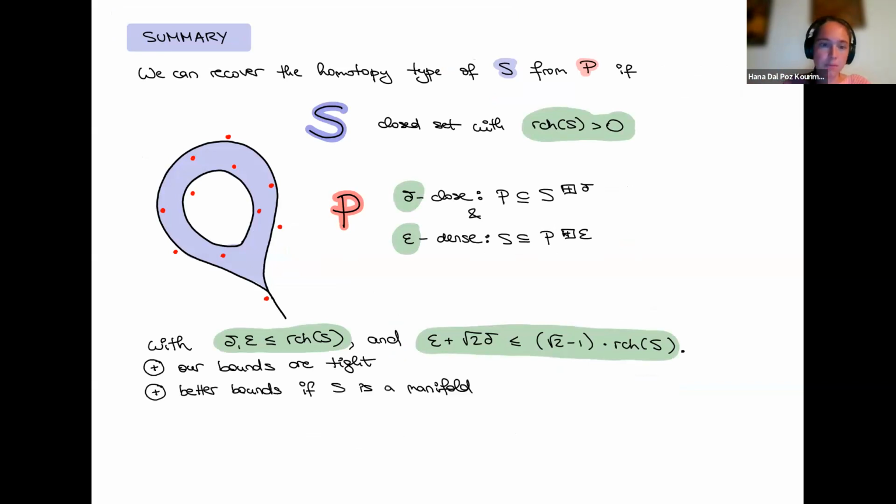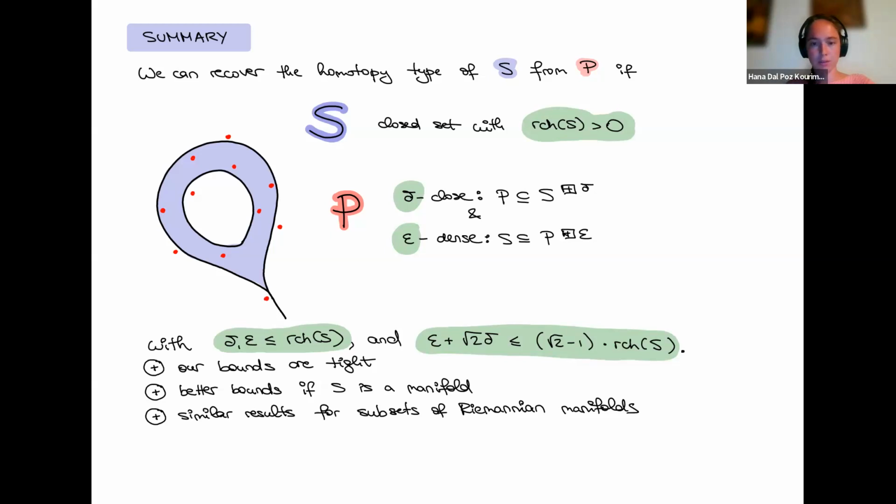Our bounds are tight. We get even better bounds if we know in advance that S is a manifold, and we get similar results for subsets of Riemannian manifolds. I have to say that the bounds look a little uglier in that case, but we have concrete bounds.